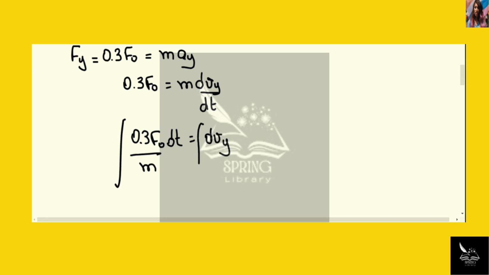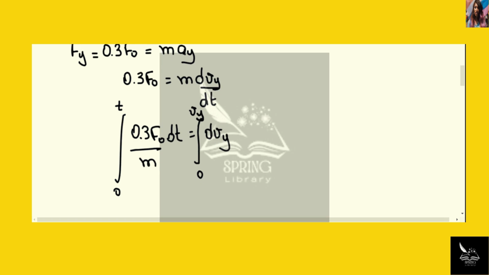I'm going to integrate from t equals 0, when the velocity in the y direction is 0, to time t when the velocity is vy. So we have 0.3 F0 t divided by m is equal to vy.